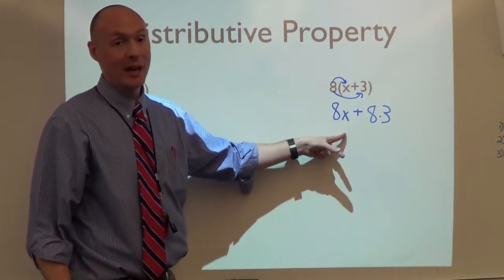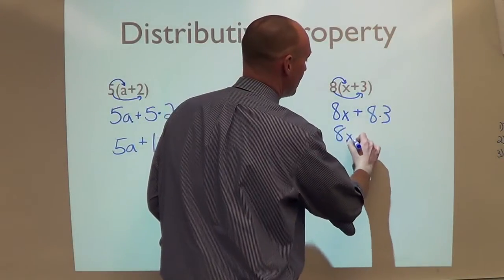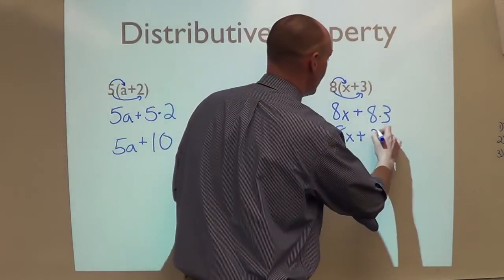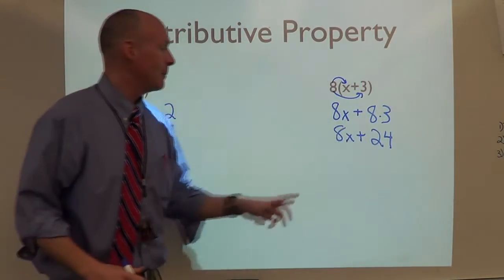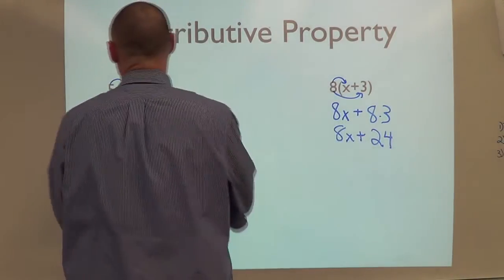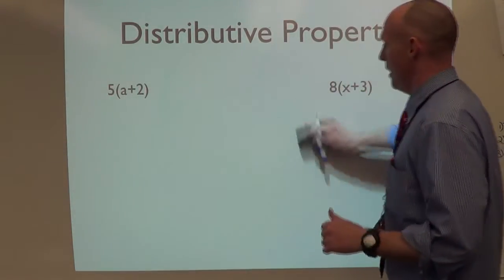Again, we can't do 8x because we don't know what x means. 8x plus 8 times 3, we can do that. 8 times 3 is 24. Again, showing the distributive property. 8x plus 24.